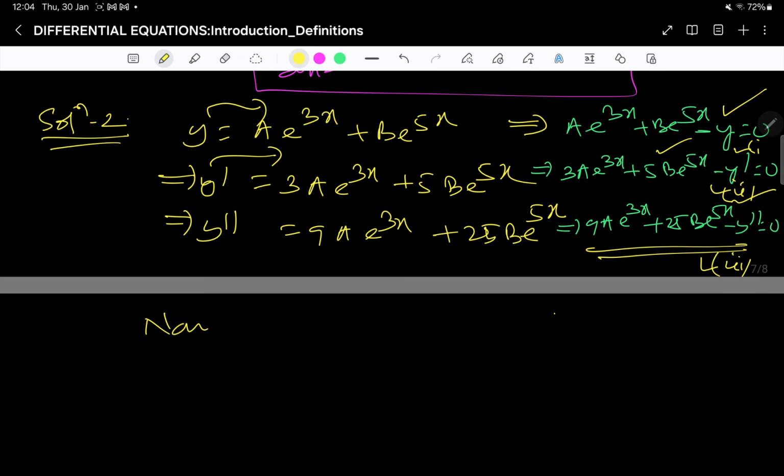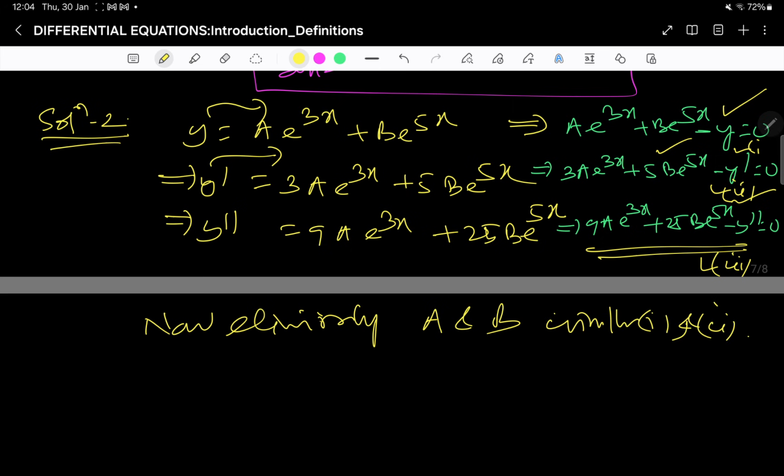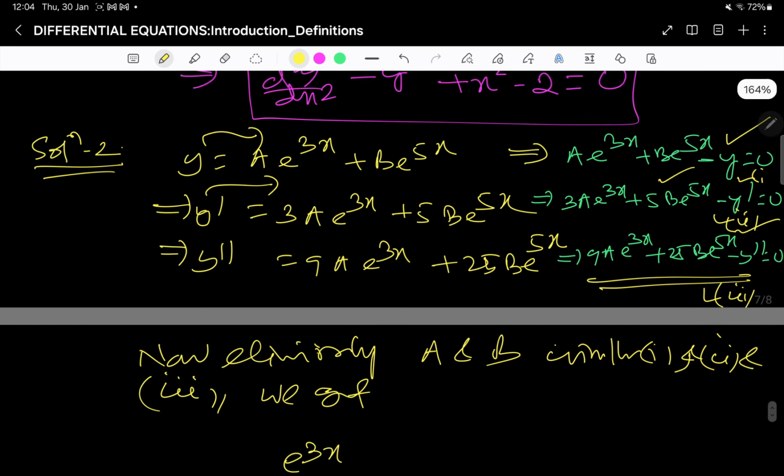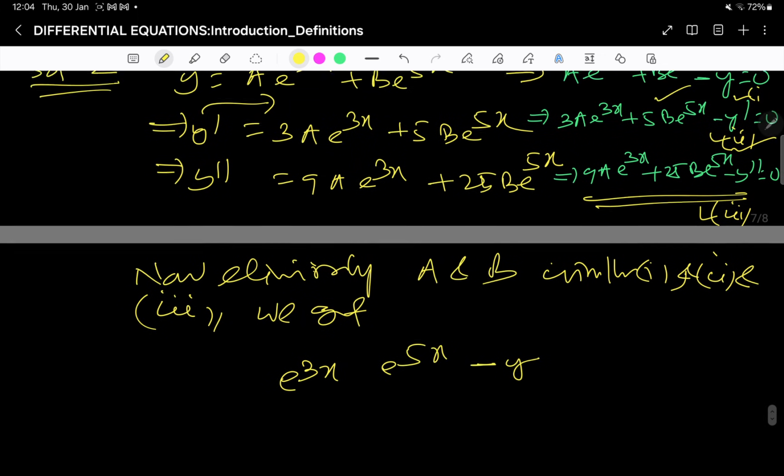Now eliminating a and b from 1, 2 and 3, we get the coefficient of a is e^(3x), coefficient of b is e^(5x), and minus y as a constant I will take here.